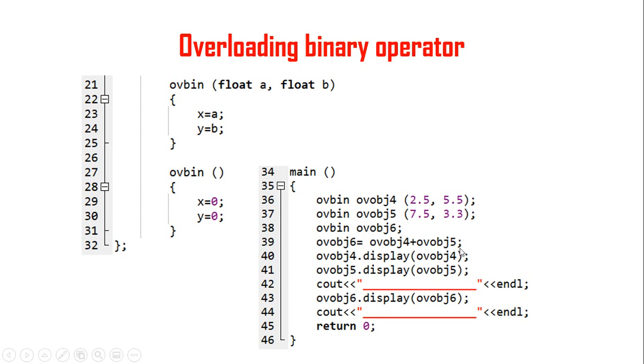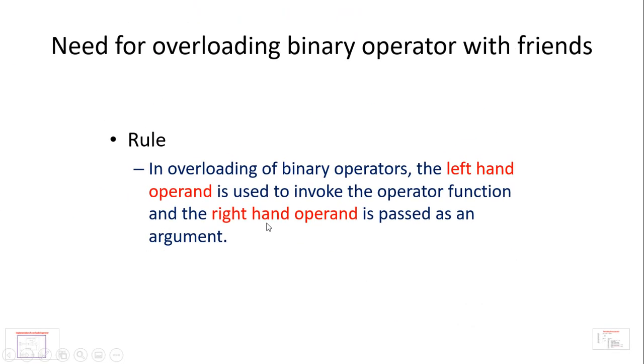Object 5 will be passed as an argument. That is what the rule says. In overloading of binary operator, the left hand operand is used to invoke the operator function, and right hand operand is passed as an argument.